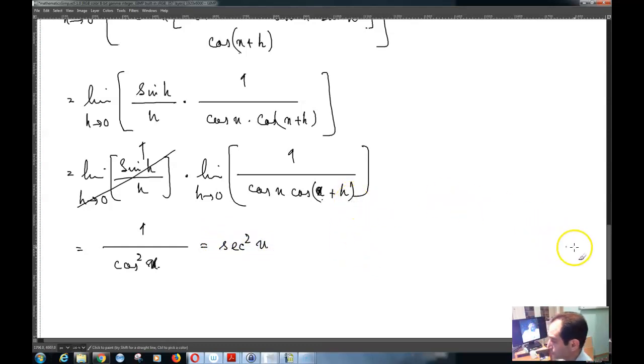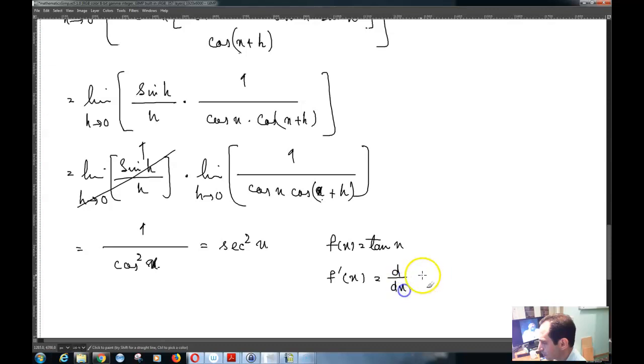Okay, so what that means is that if f of x is equal to tan x, then f prime of x, which is the same thing as d by dx of f of x, which is d by dx of tan x, is equal to secant squared x.